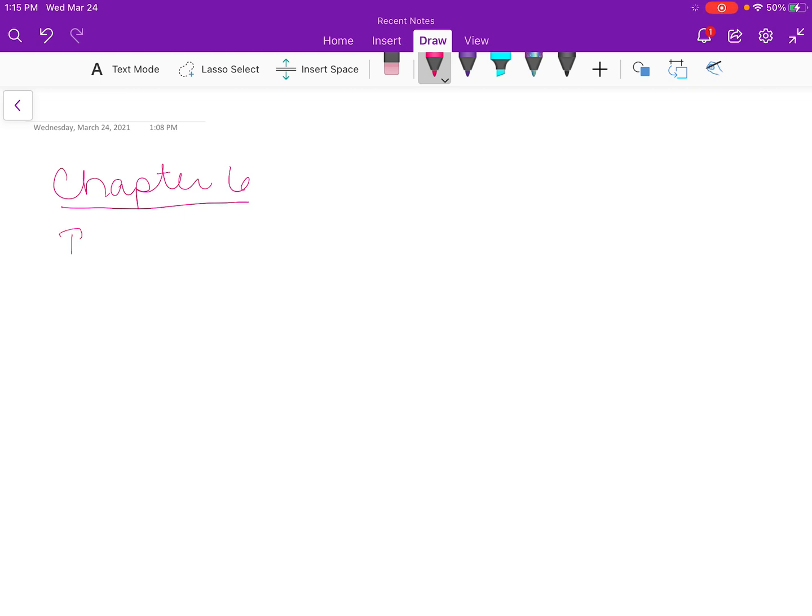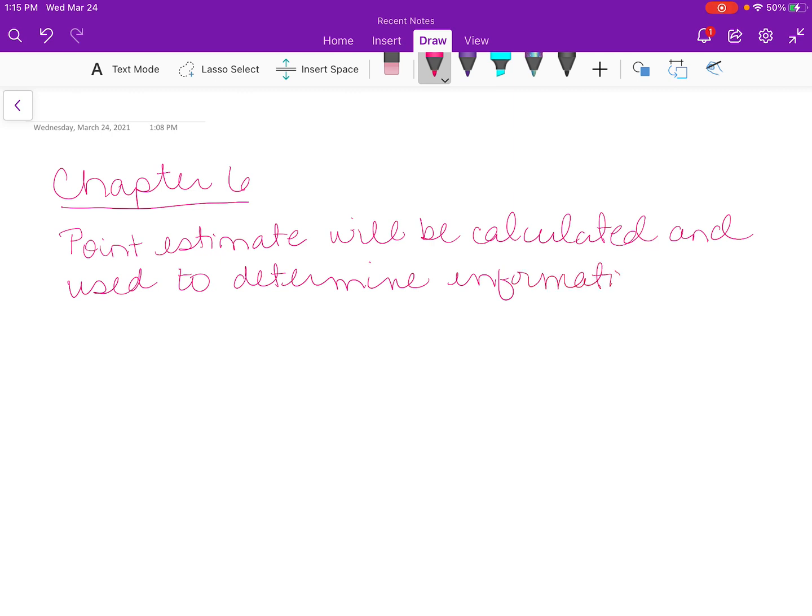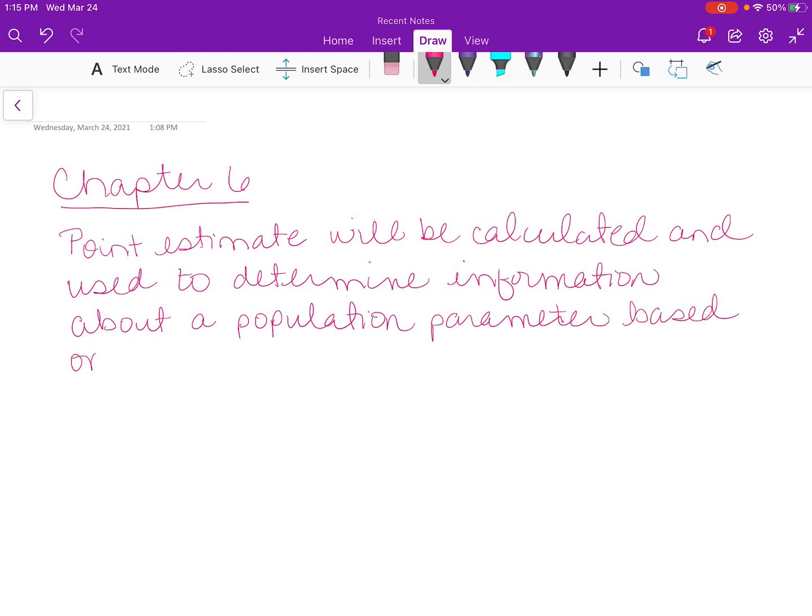We are going to be calculating something called a point estimate, used to determine information about a population parameter based on sample statistics.